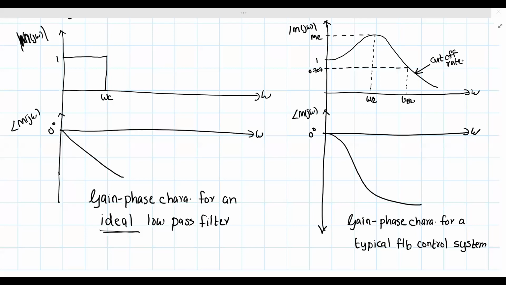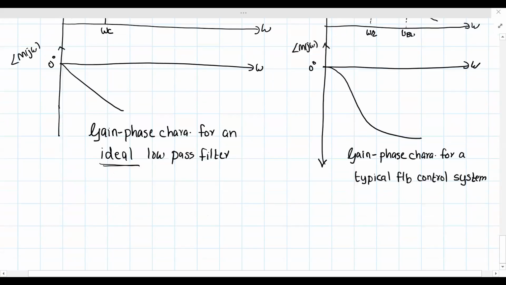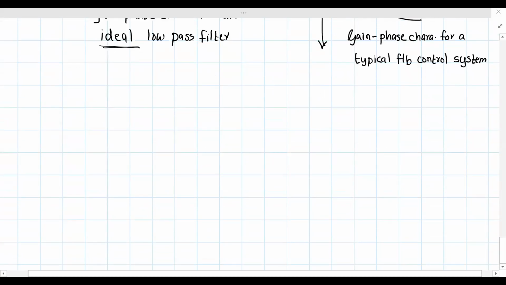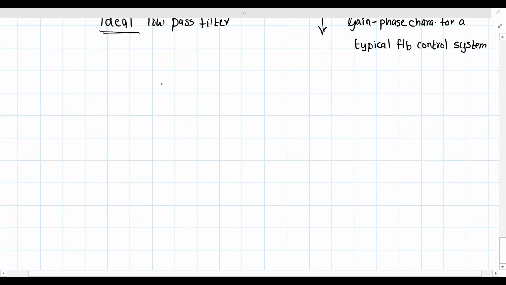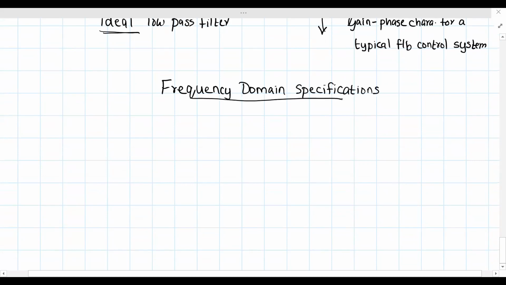Now we will see what are frequency domain specifications. So let me draw this gain phase characteristics once again. When we discussed time response, we had discussed some time domain specifications like rise time, peak time, and so on.